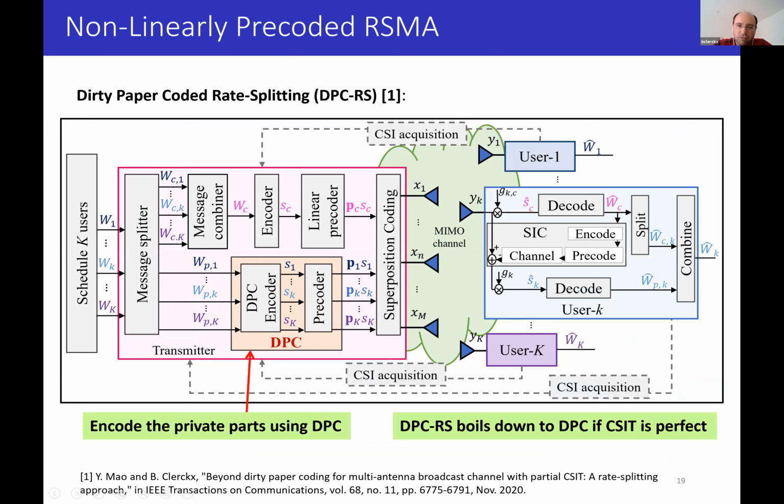So DPC, you can view this as fully transmitter-side interference cancellation. The complexity is really at the transmitter site, and it requires a complicated nonlinear type of precoding. The closest you can come to something implementable is to use Tomlinson-Harashima precoding. But the receiver complexity of DPC is quite low. I would say it's probably the same as SDMA.